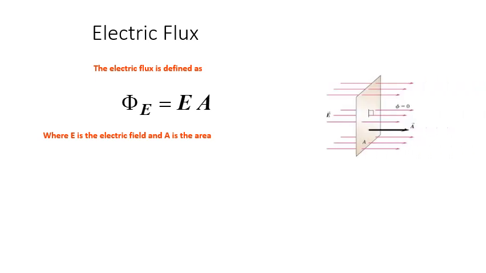Here E is the applied electric field and A is the area. This is shown in the figure on the right hand side: a rectangular area is chosen, and electric field lines are passing through it.